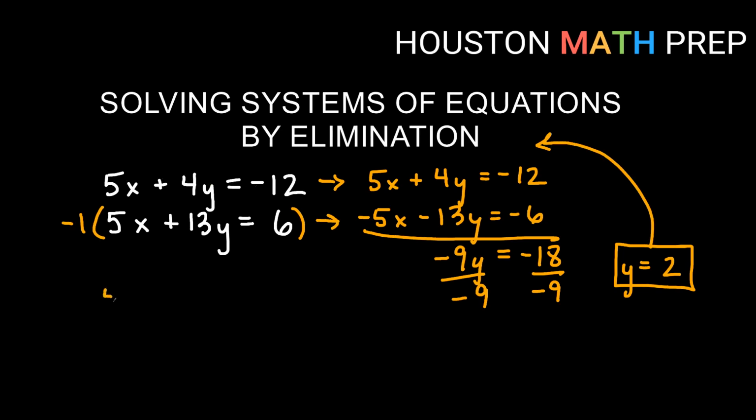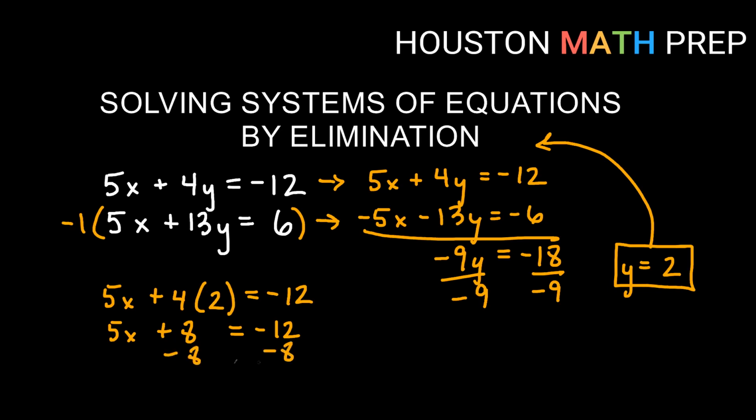So if I do that, that would be 5x plus 4y, y is 2, equal to negative 12. So that will be 5x plus 8 equals negative 12. Go ahead and solve your linear equation. So we'll subtract 8. That will leave us only 5x on the left side.